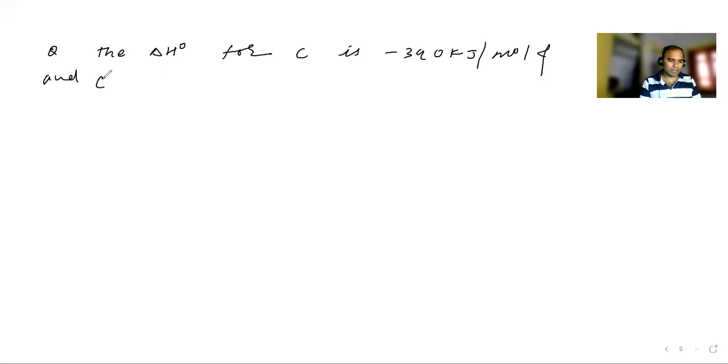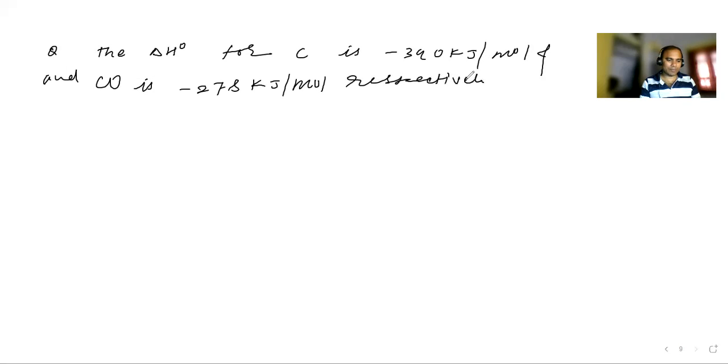Okay, let's do product minus reactant, same one. They are talking about the delta H naught for carbon is minus 390 kilojoule per mole, not CO, it is the carbon, and CO is minus 278 kilojoule per mole, respectively.